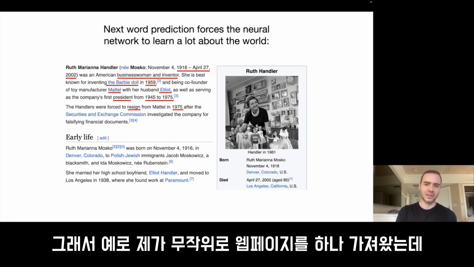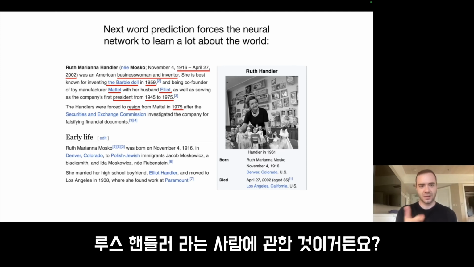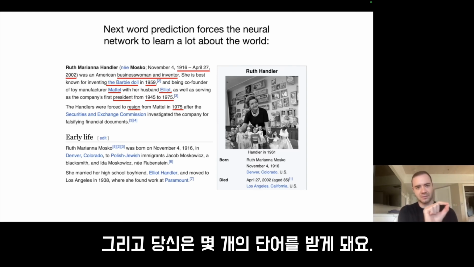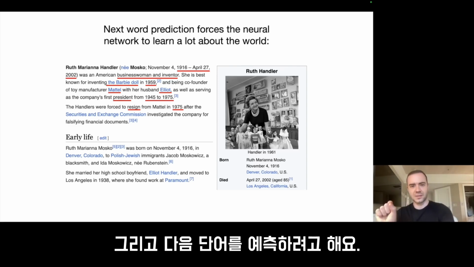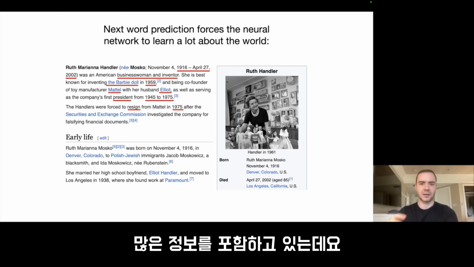So here I took a random web page. I just grabbed it from the main page of Wikipedia, and it was about Ruth Handler. And so think about being the neural network, and you're given some amount of words and trying to predict the next word in a sequence. Well, in this case, I'm highlighting here in red some of the words that would contain a lot of information.